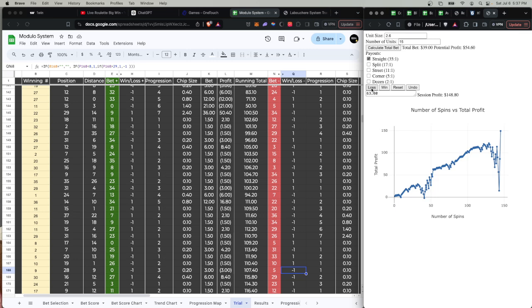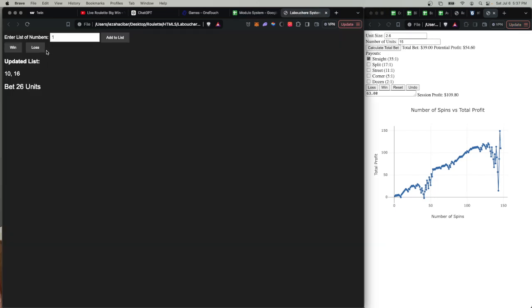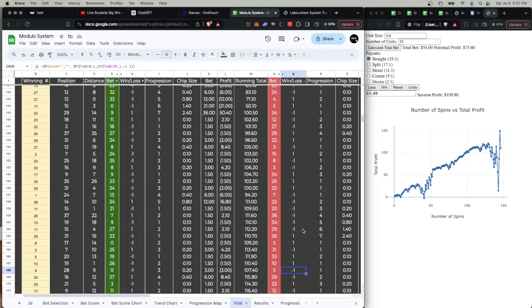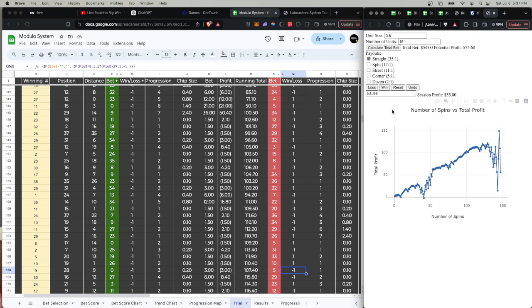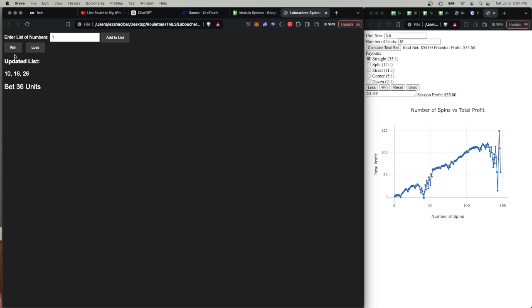So we suffer a loss here. Brings us back up to 36. And we suffer another loss. So that's a 46 unit bet.